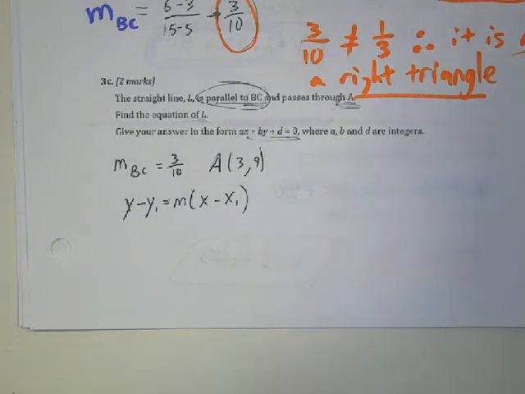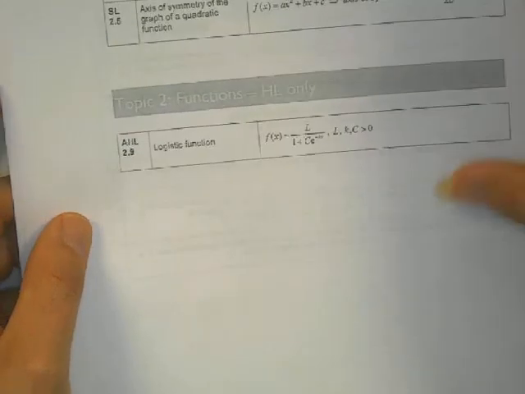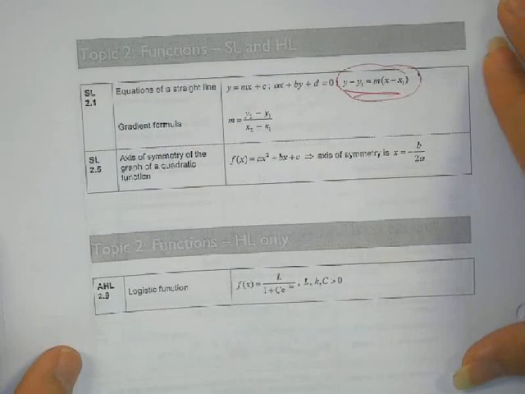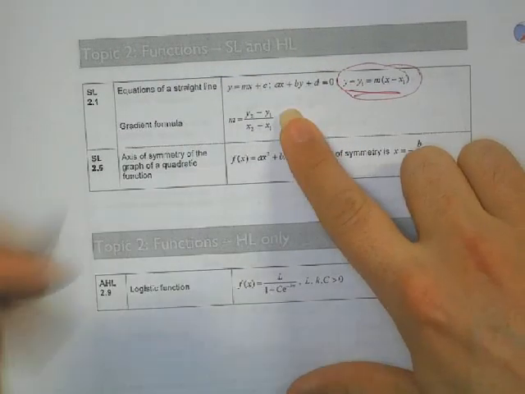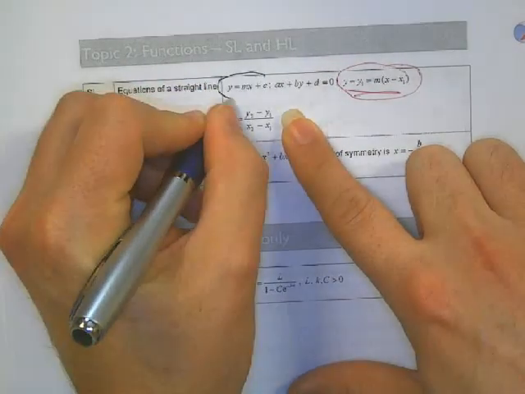So when you're doing your IB test, you can look at it in your formula packet. Here on page 5 of your formula packet, I'm just showing you how you have these different equations of straight lines.